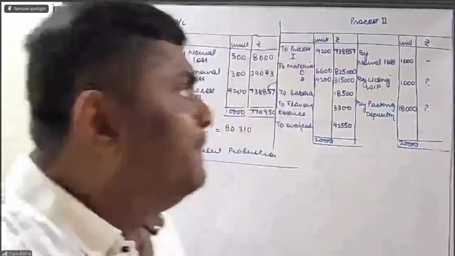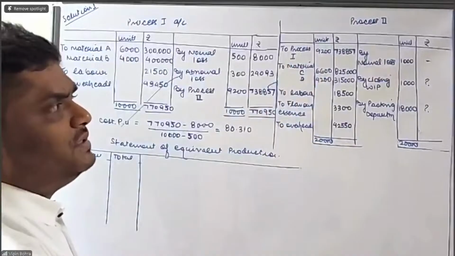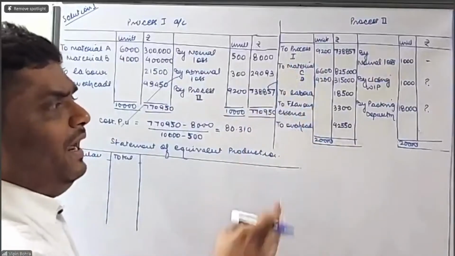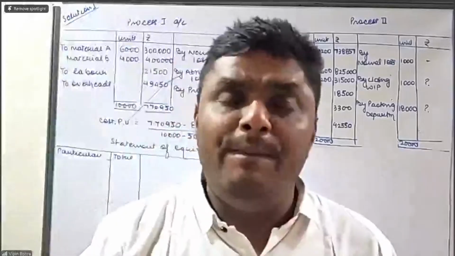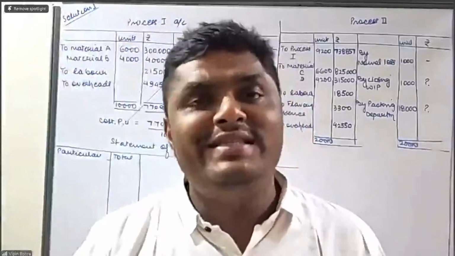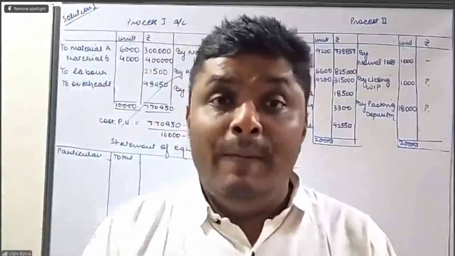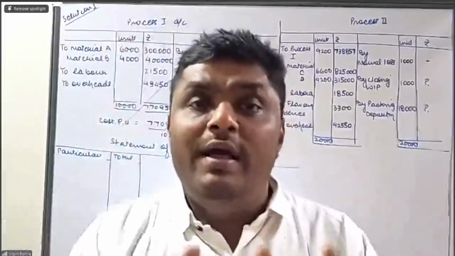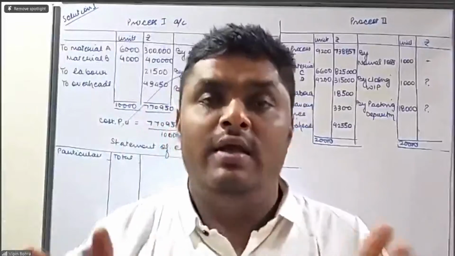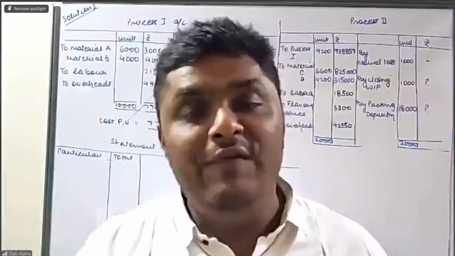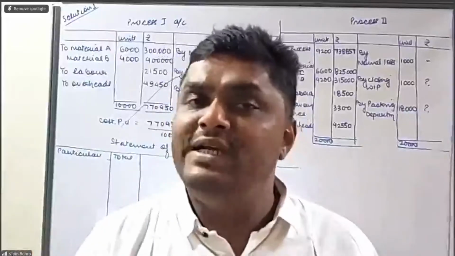But herein, there are three types of material, material that is received from process first, material C and D, and again the flavoring essence. Now, since the percentage of completion of this material and flavoring essence is not given, we will assume that it is 100% processed. But yes, guys, do make a note of it that the percentage of completion may vary from material to material. Since in this question, no information is given, we assume that they have introduced 100% of the material.